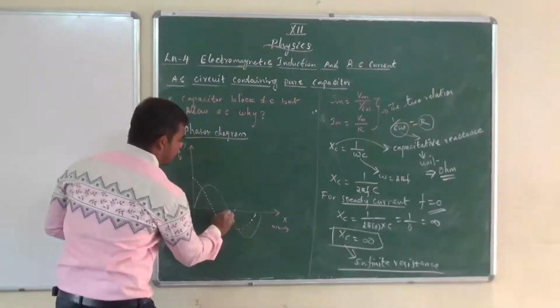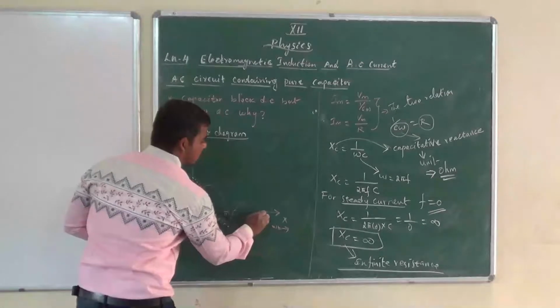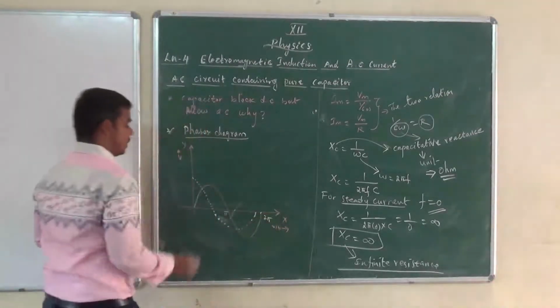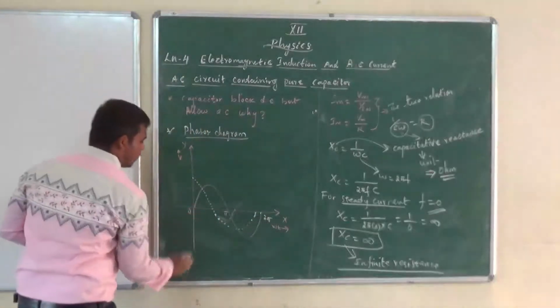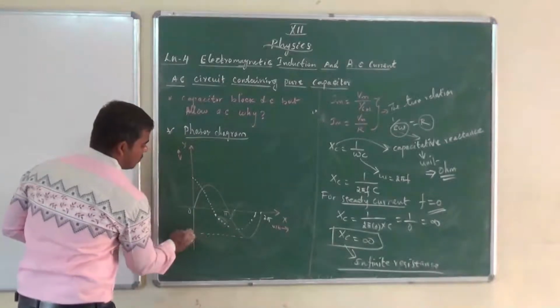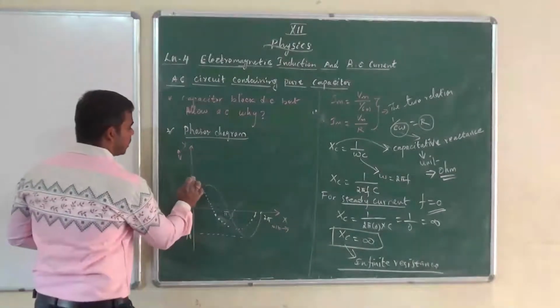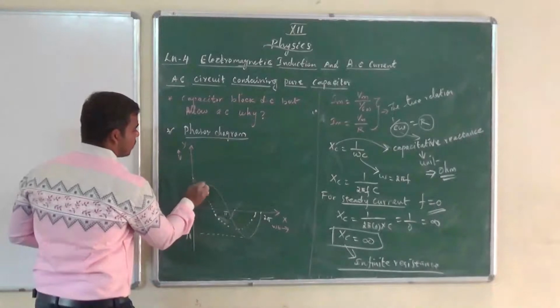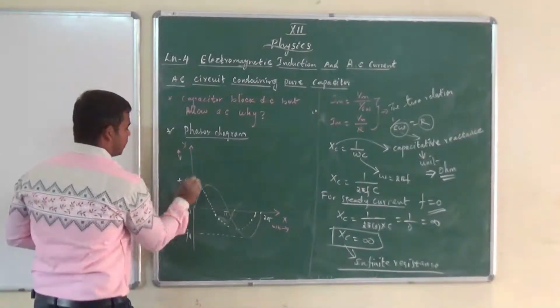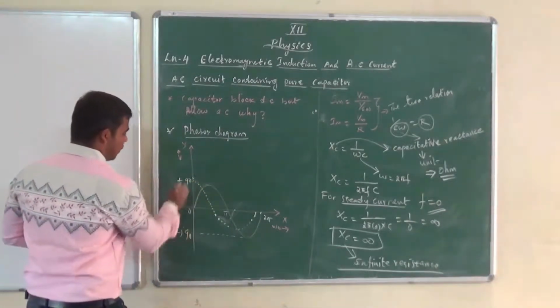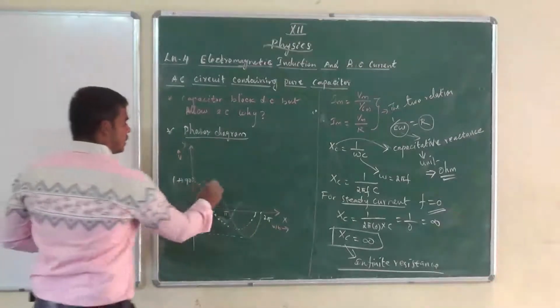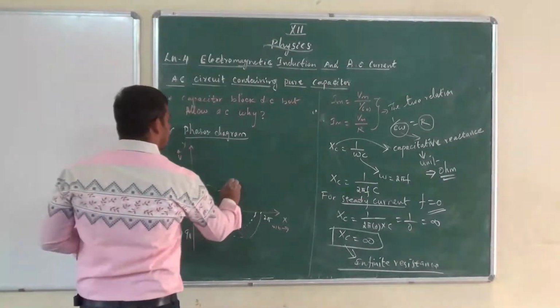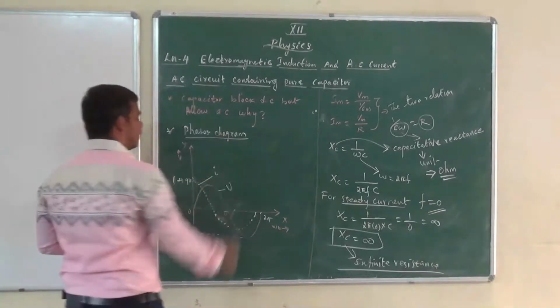This is pi, this is 2 pi, this is 0; this is the negative, this is the positive maximum point. This is voltage and the dotted line is current.